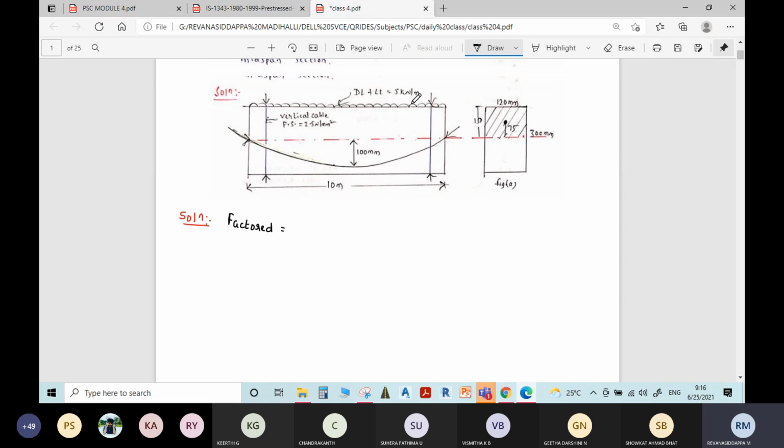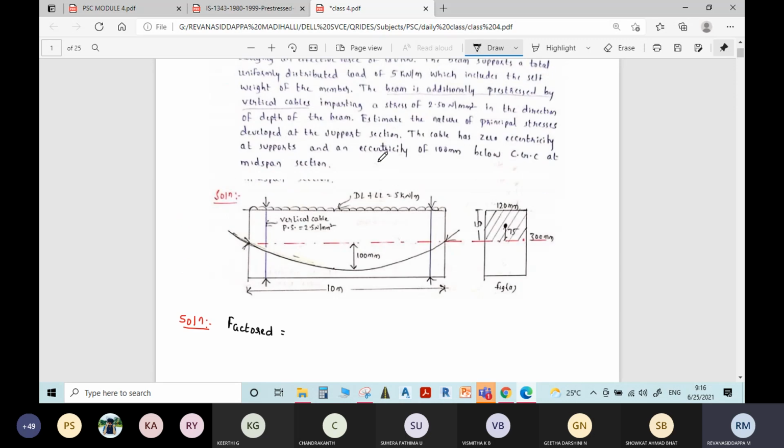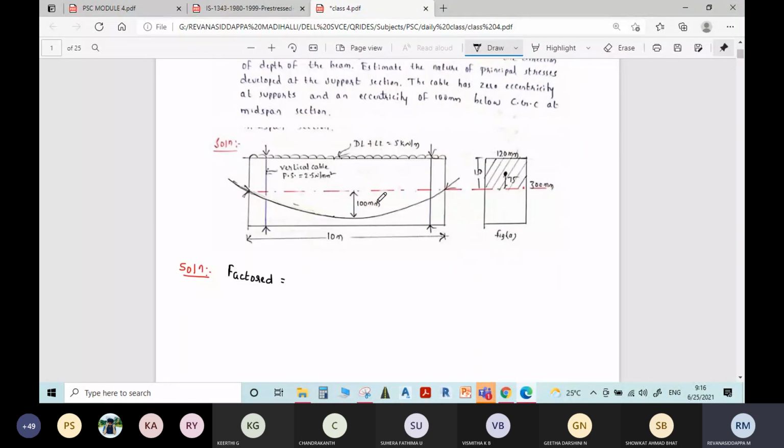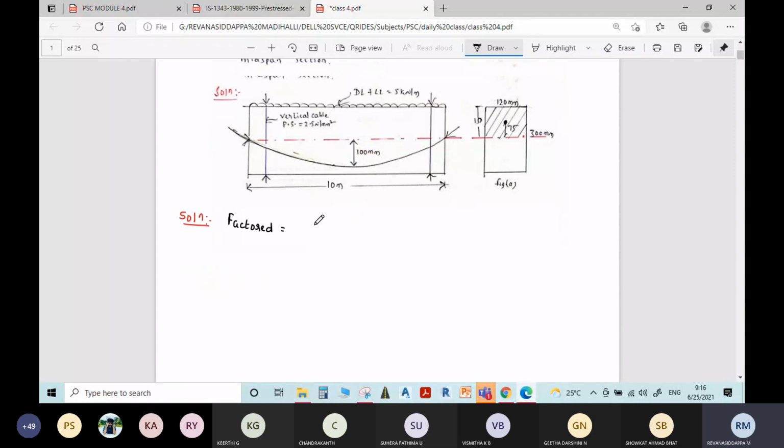For both you will get full marks, because some authors have done considering the factored load, and some authors have done just whatever the load is given in the problem, by taking that load itself they solve the problem. In your examination both cases will be considered. Answers for both the cases, without factored load and with factored load, will be considered, no problem with that.